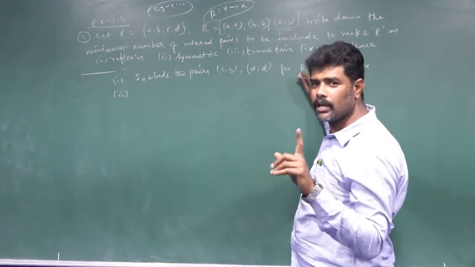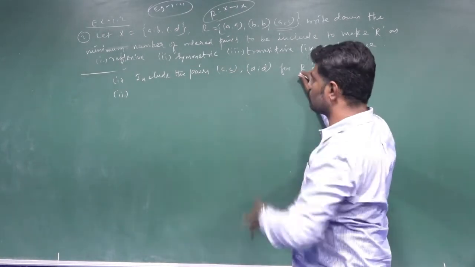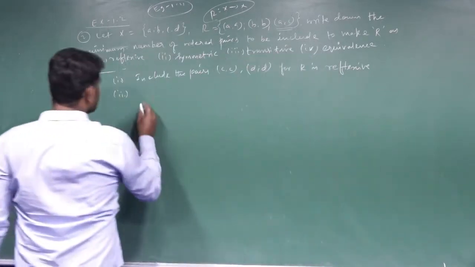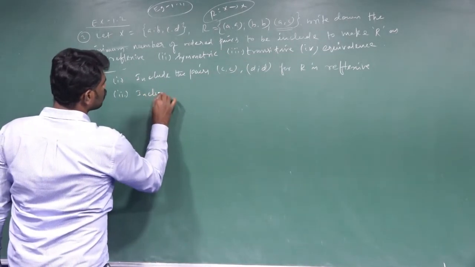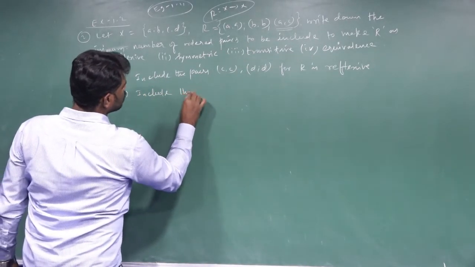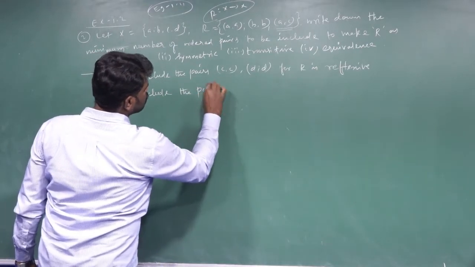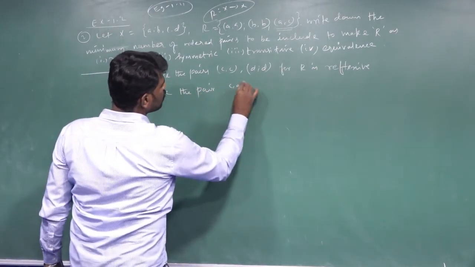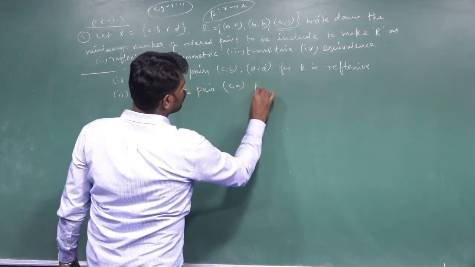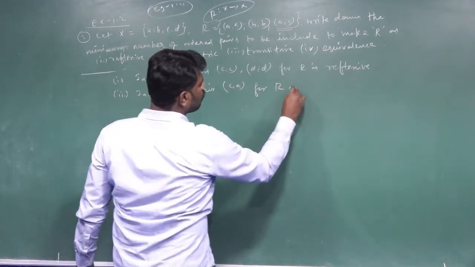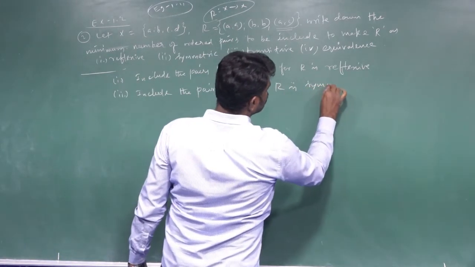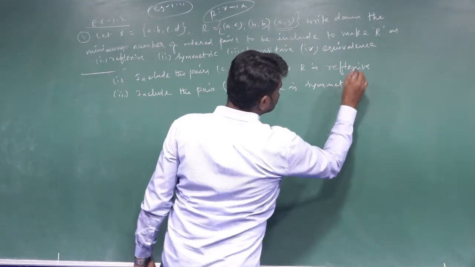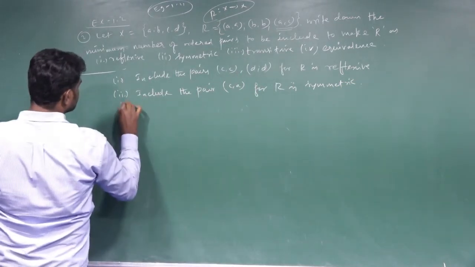So that is the only pair needed to make the relation R symmetric. So include the pair C comma A for R to be symmetric.